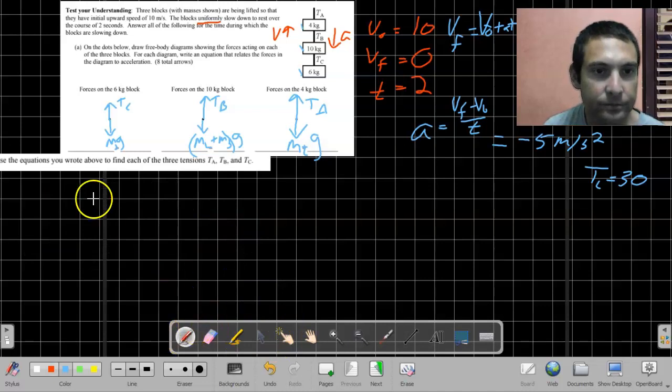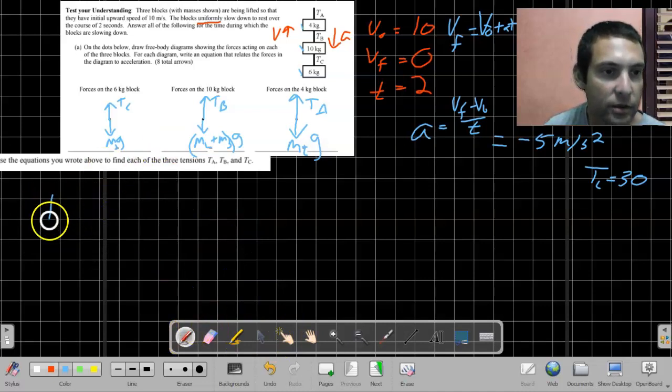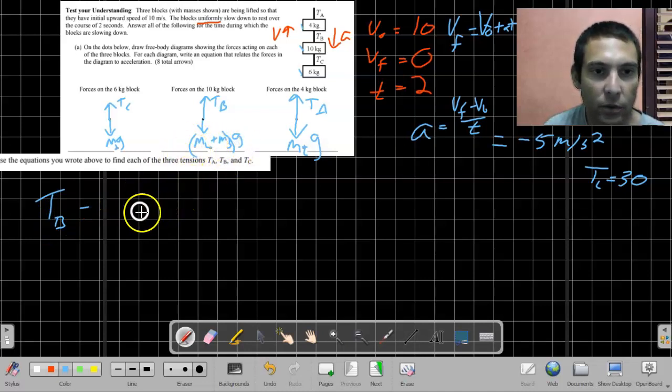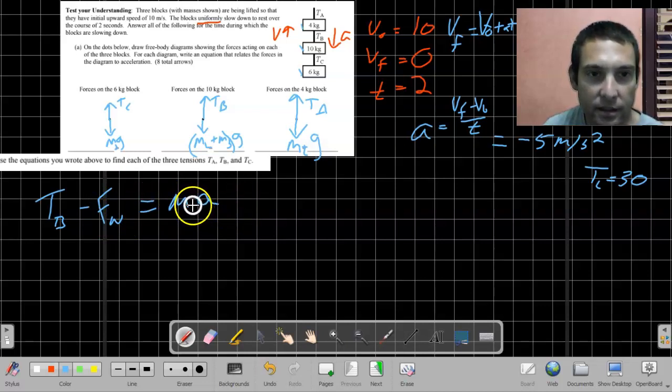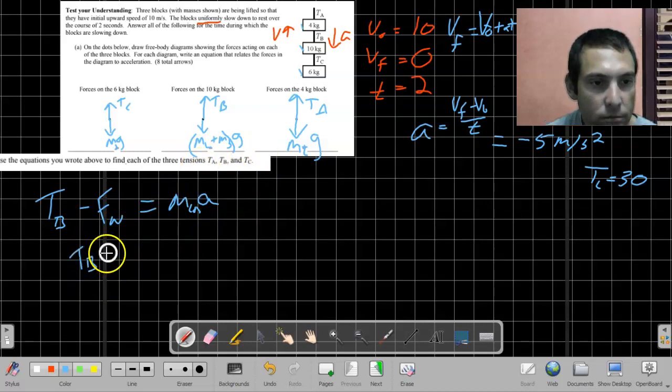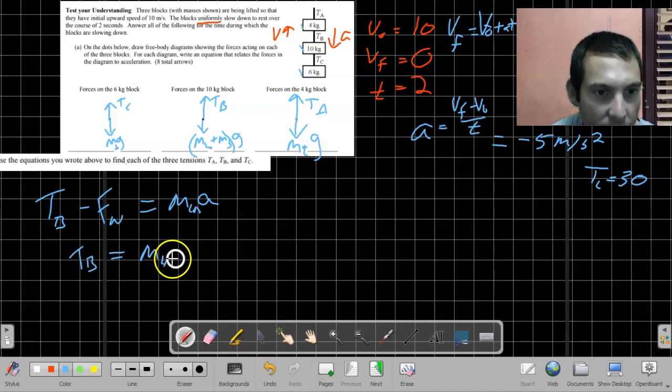Solving for TB. Let's do it. Stuff that makes it go. TB minus all of this junk right here, which I will just call FW, equals mass times acceleration, and this is mass 2 and 3, don't forget. So I add my weight force over here, and I get TB equals this combined mass of 2 and 3 times my acceleration plus that weight force up there.